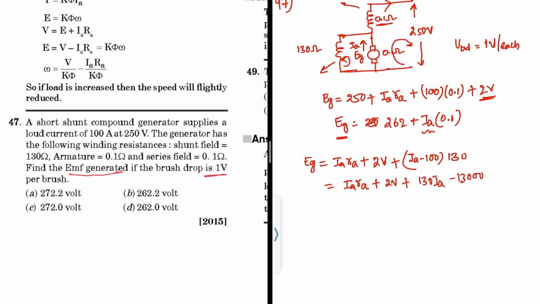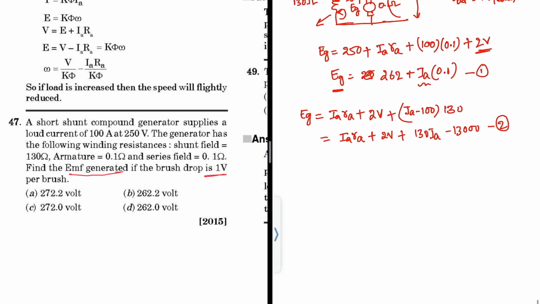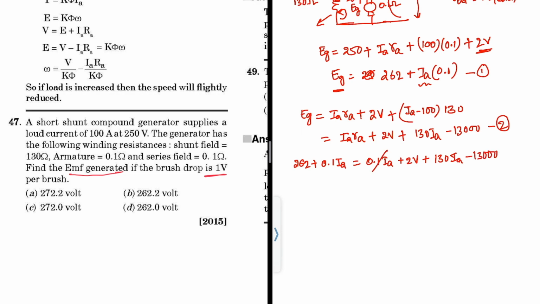Now with equation 1 and equation 2, both will be equal. So 262 plus 0.1 Ia equals 0.1 Ia plus 2 volt plus 130 Ia minus 13,000. The 0.1 Ia terms will cancel.